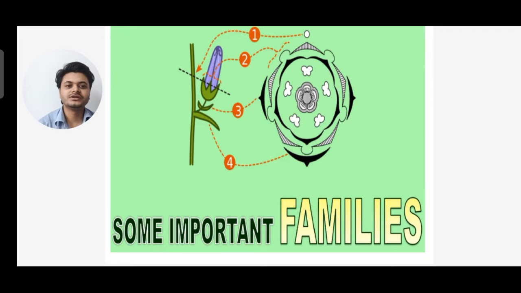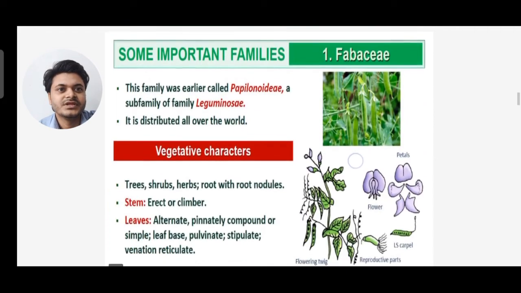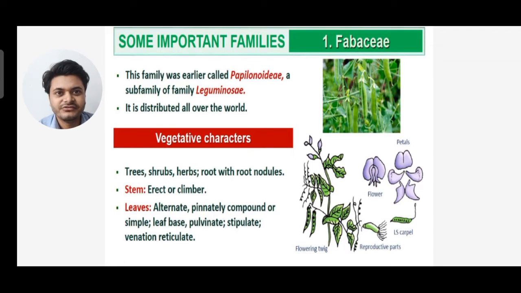Now moving to the families, we are entering the families where we will study the above symbols used in floral formula and the diagrams used in floral diagrams. We'll see all this one by one in different families. So the first family we'll see is Fabaceae.